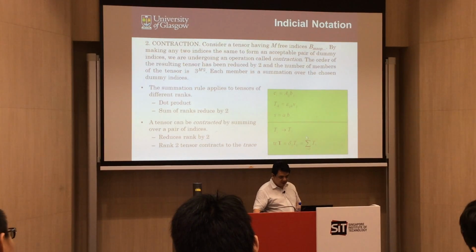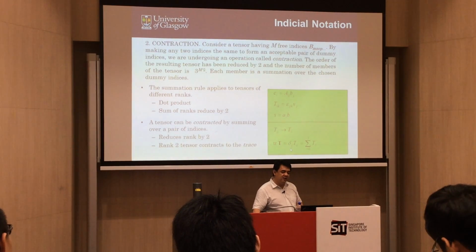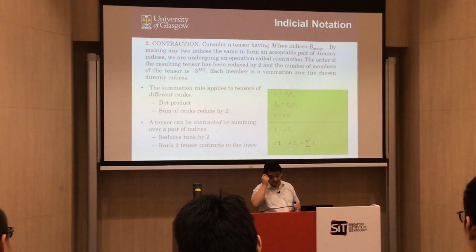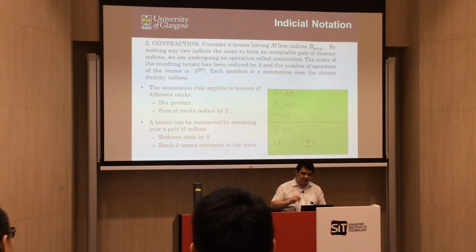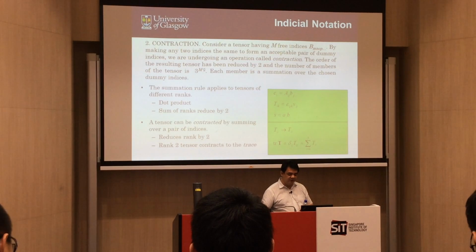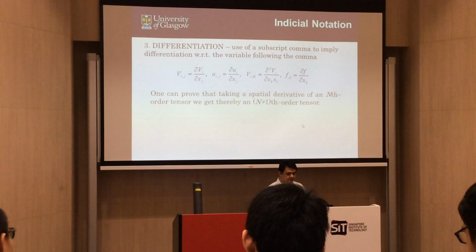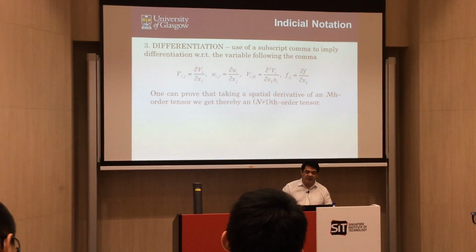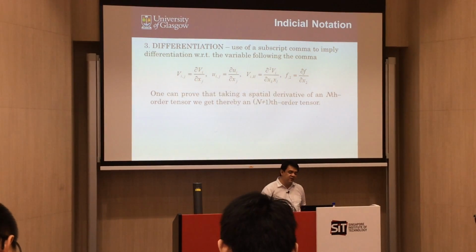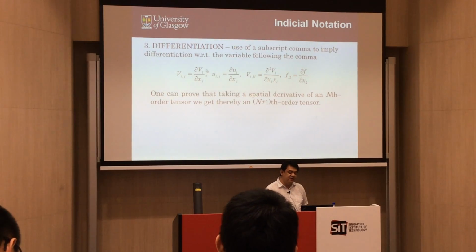Later we will also look into some of our examples. Kronecker delta is a second order tensor. We'll have an example of this one later. Just remember that the value of a Kronecker delta is 1 or 0. Differentiation, of course, we can have this one simplified rather than writing it in this manner. You can have this v_i,j.